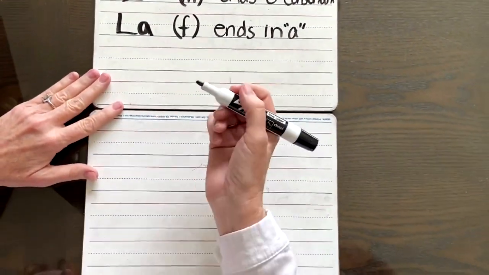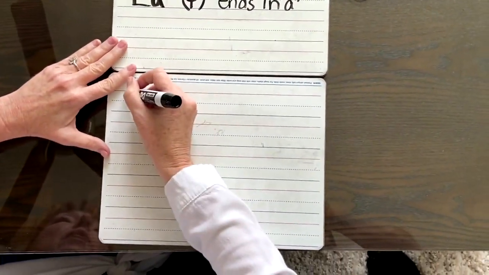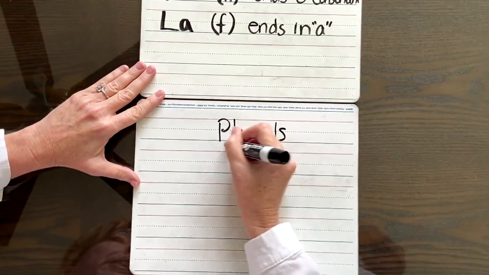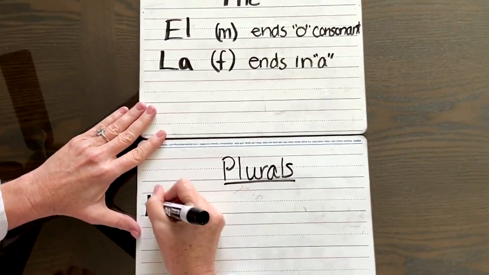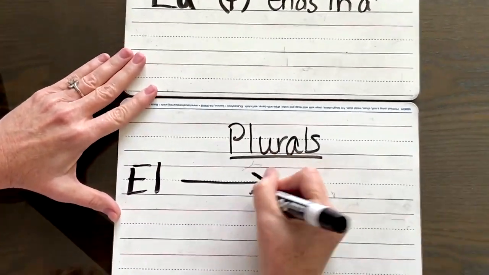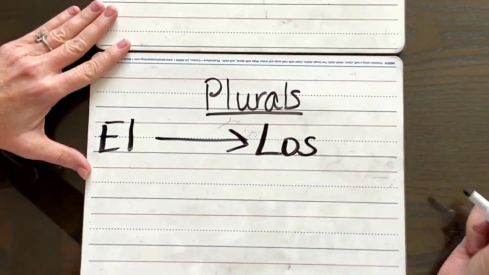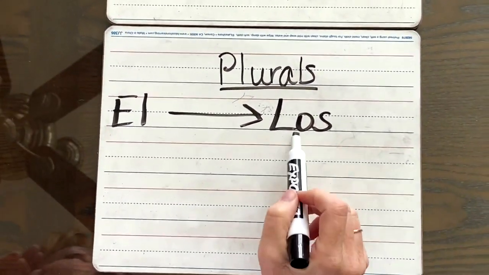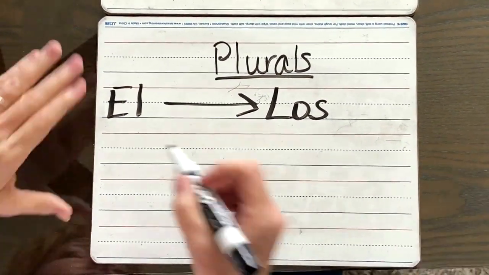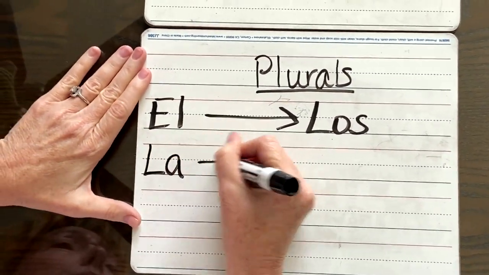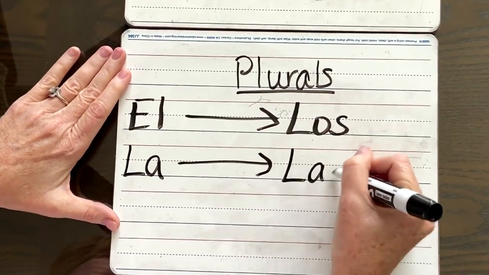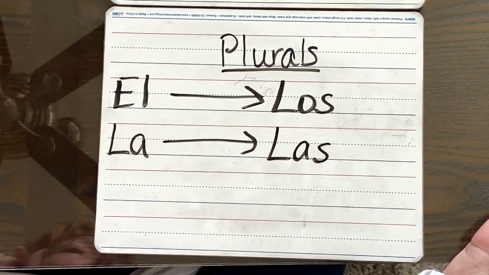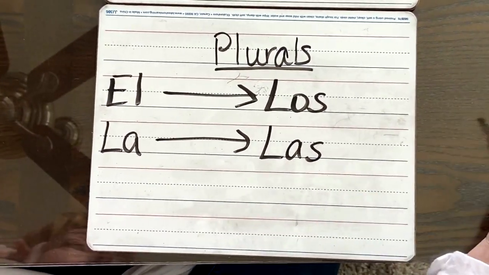Now, the other 2 ways to say the is when we are talking about plurals. You're talking about more than one thing, okay? So el would then become los. So if you're talking about more than one borrador, el borrador would become los borradores, and la would then become las. So if you're talking about la puerta and you want to say the doors instead of the door, it'd be las puertas.